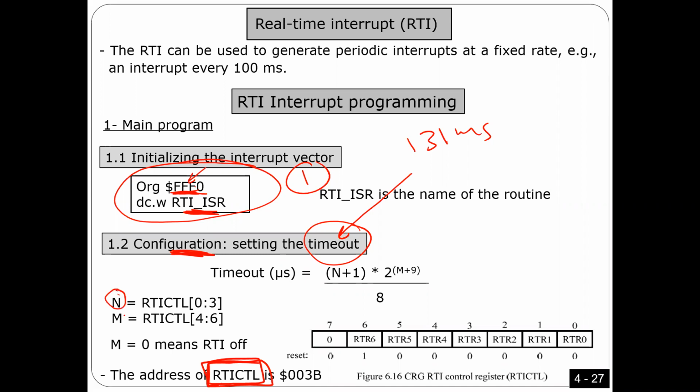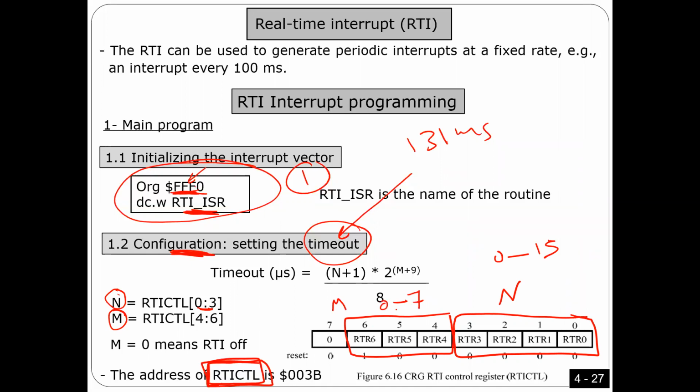One is called N, the other one is called M. N is the first four bits in this register, and it can take a value from 0 to 15. The second, the 3 bits here, we call M, and it can take a value from 0 to 7. Depending on what value you put here, you can determine the time.